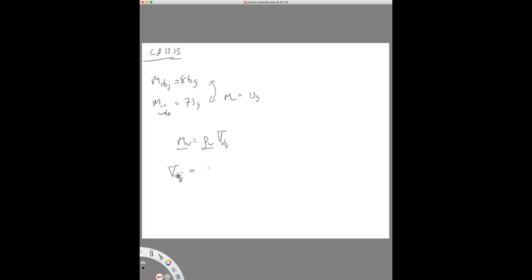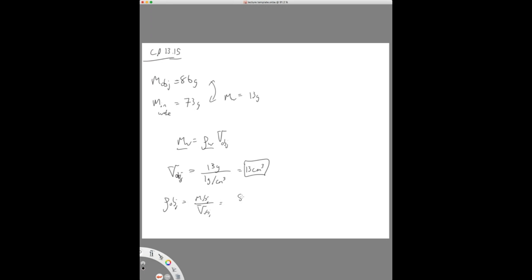That's just 13 grams over 1 gram per cubic centimeter. So I'm using the density of water in grams per cubic centimeter, and so we get 13 cubic centimeters for the volume. Now we can find the density of the object by just taking the mass of the object over the volume of the object.